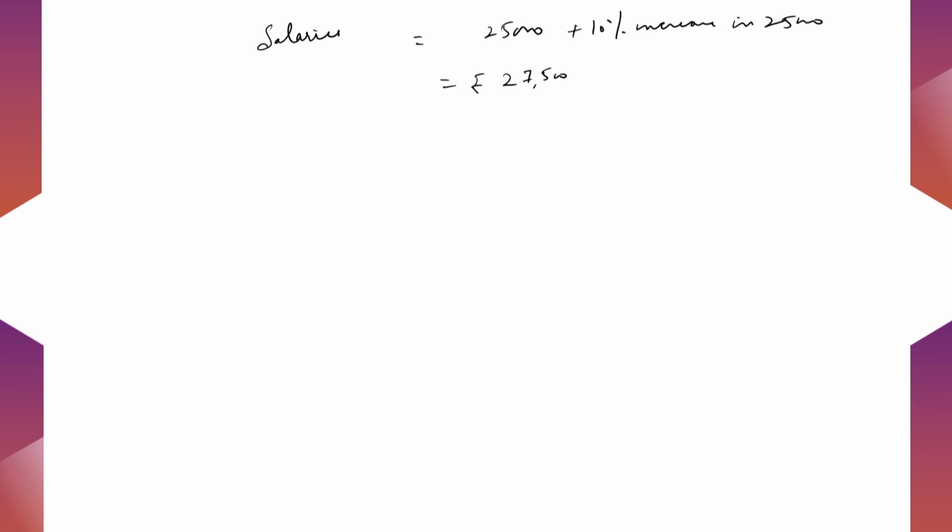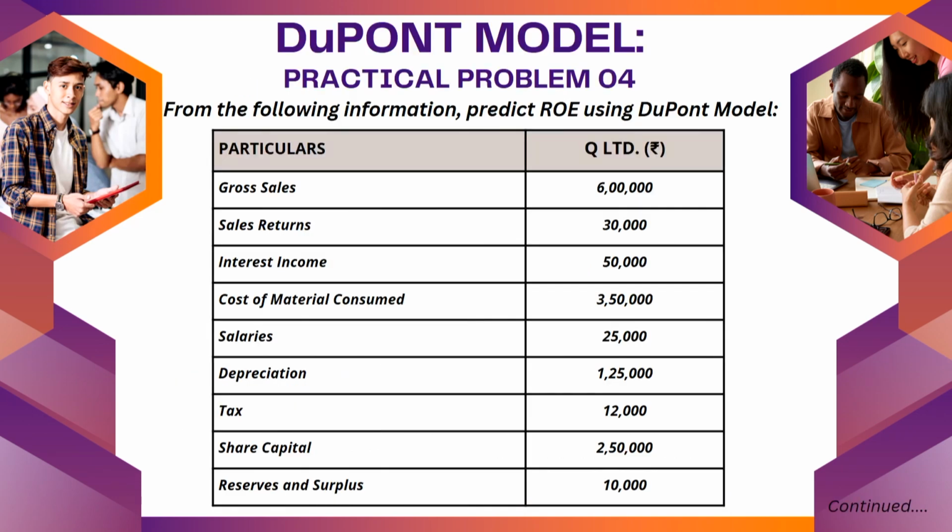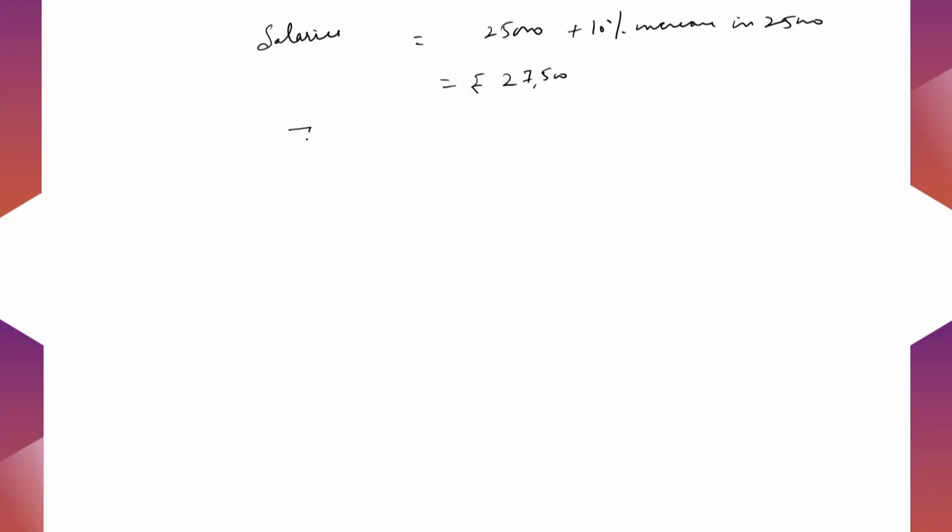Then depreciation was the same, and another adjustment given is that the tax liability will increase by 2%. The tax liability given in the question is 12,000 rupees, which will be increased by 2% of the same, and it leads to 12,240 rupees.